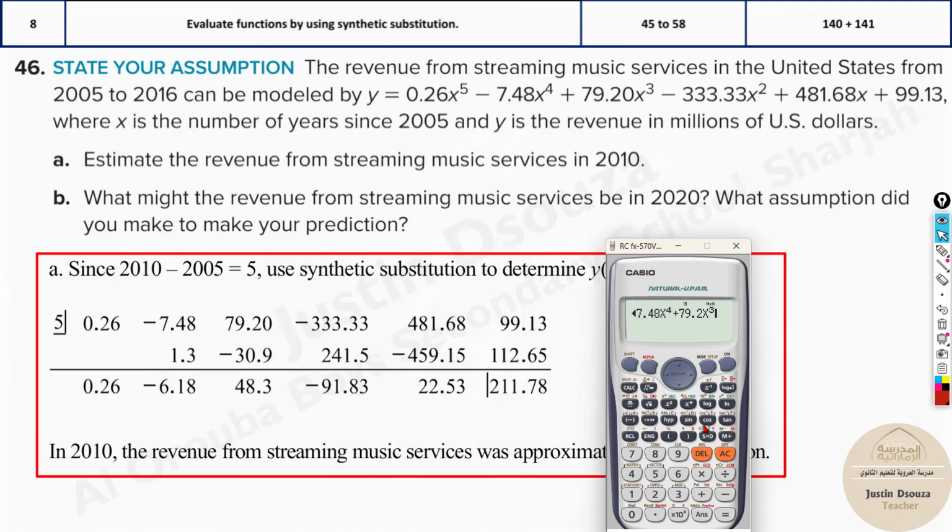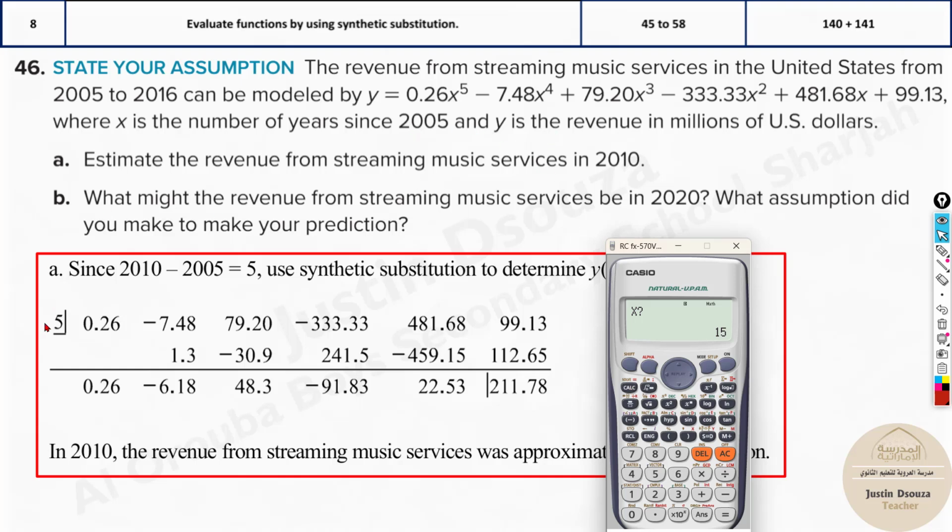Then minus 333.33 x squared, plus 481.68 x, no power, plus 99.13. Huge equation, but now the answer is just by pressing calc.